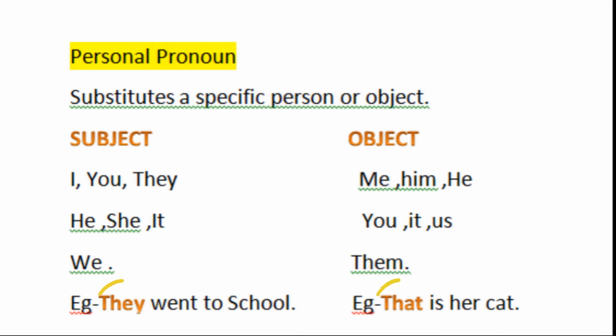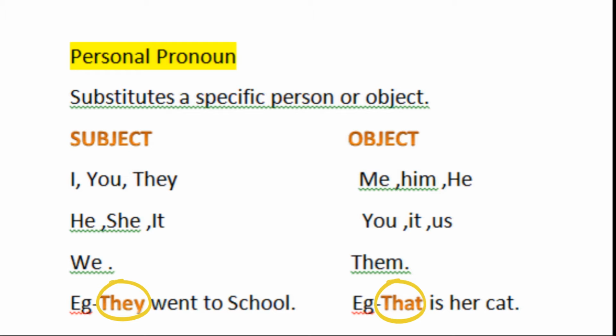Personal pronoun. Personal pronoun substitutes a specific person or object. While substituting the subject, we use I, you, they, he, she, it, we. For example, they went to school.